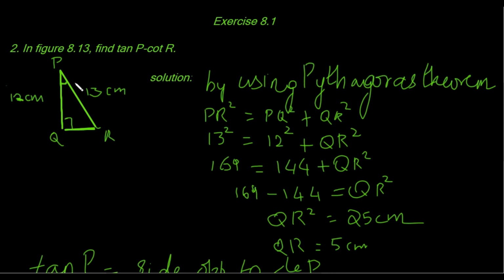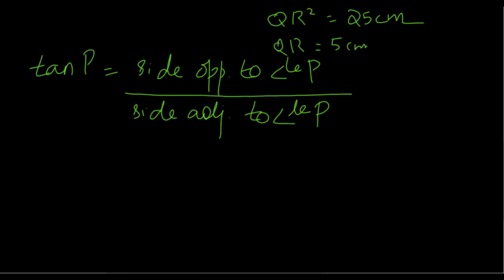The side adjacent to angle P is PQ, that is 12 centimeters. So let's write it in the equation given below. The side opposite to angle P is QR divided by the side adjacent to angle P, which is PQ. So QR, as I told you, is 5 centimeters, and PQ, as given in the diagram, is 12 centimeters. So now let's keep the ratio as it is.